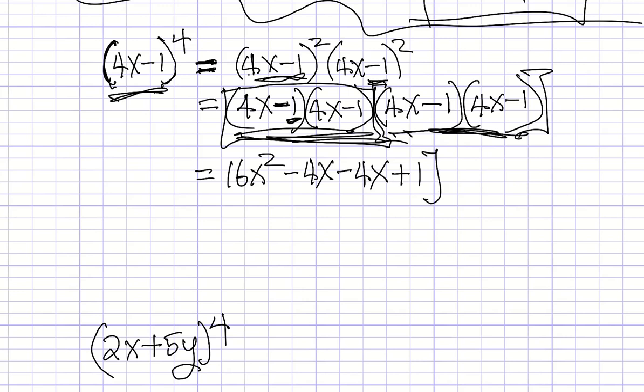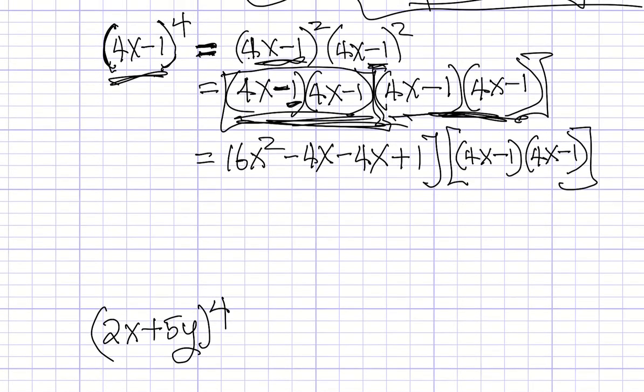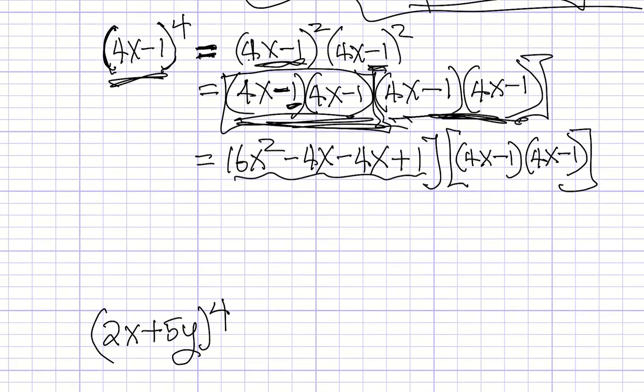And then don't forget what we left outside. We left this outside: 4x minus 1 times 4x minus 1. That's still outside. We didn't touch that yet. So let's simplify that. We'll get 16x raised to the power 2 minus 8x plus 1.